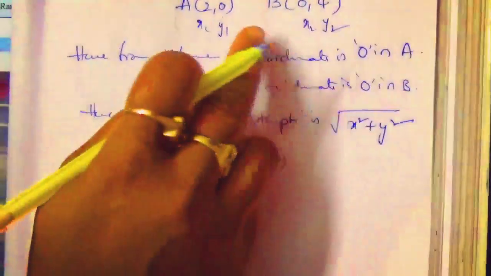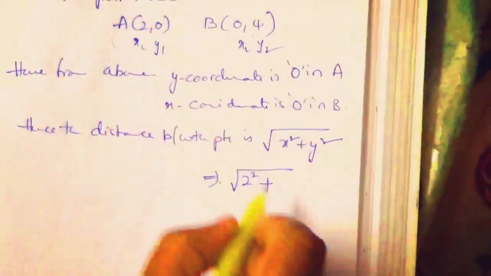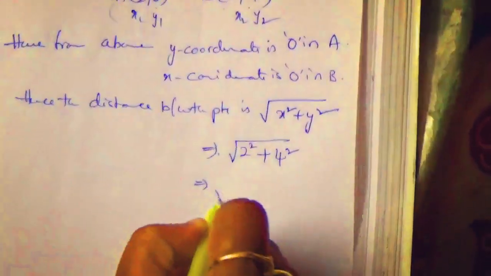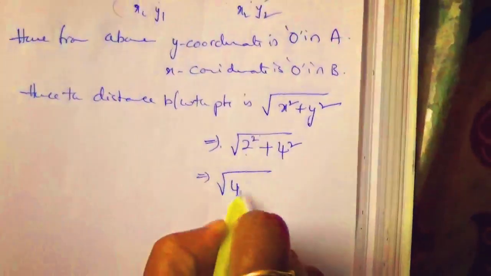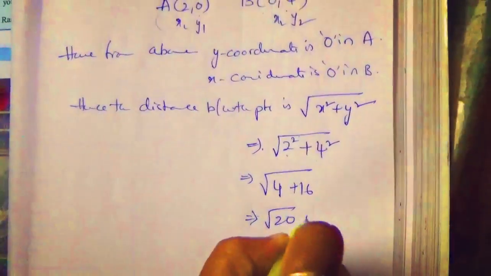That implies the square root of 2 square plus 4 square, that is the square root of 4 plus 16, that is equal to the square root of 20 units. That's it.